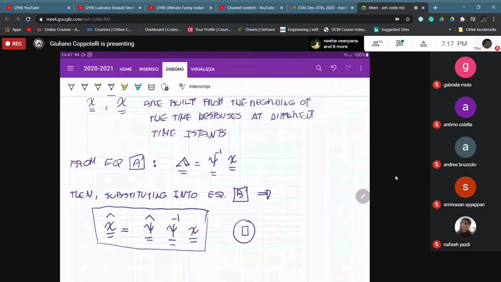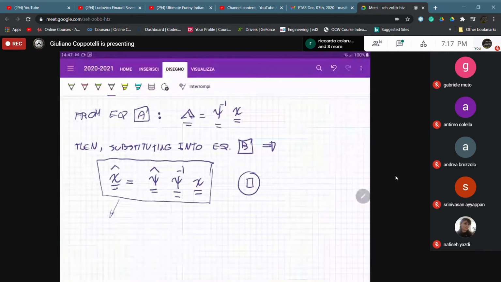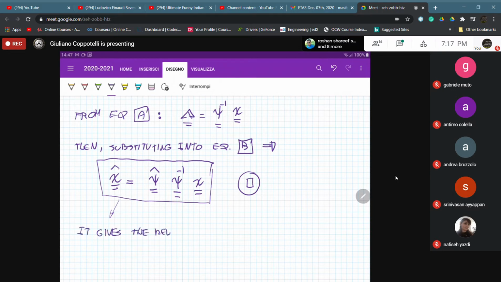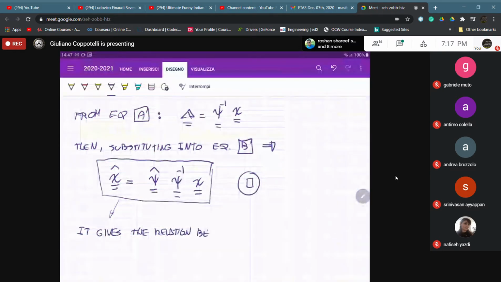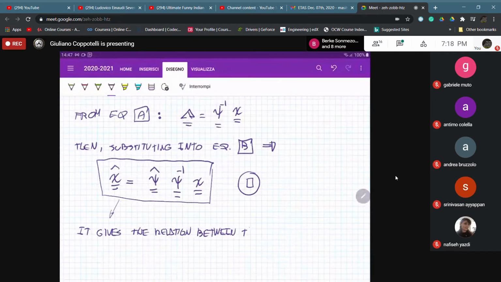Why is that important? Because it gives the relation between the responses at different times. Remember, the hat chi matrix is the response that we have by time shifting of delta t1, your chi time responses.